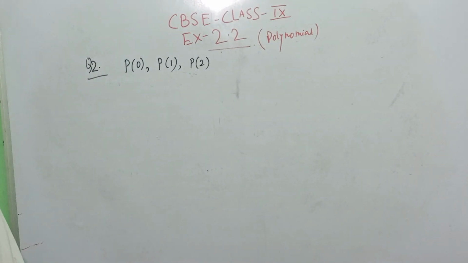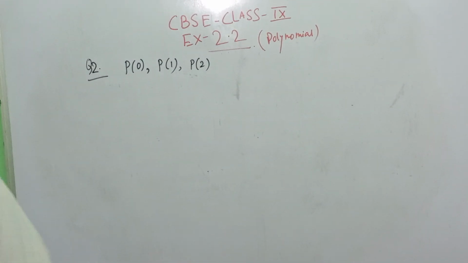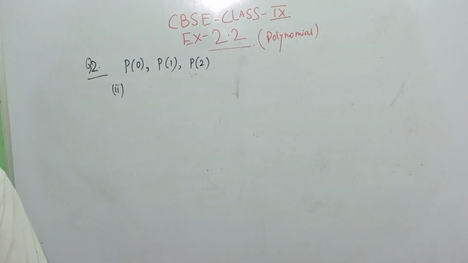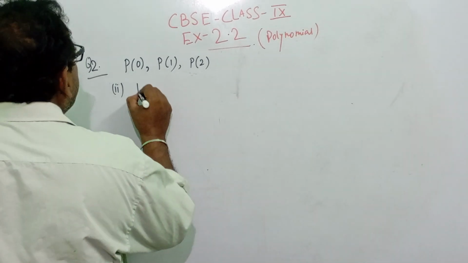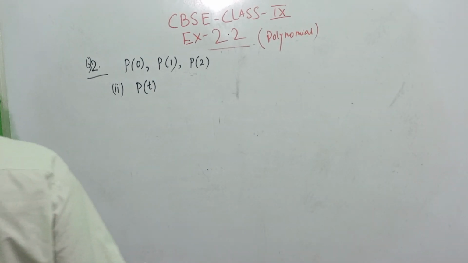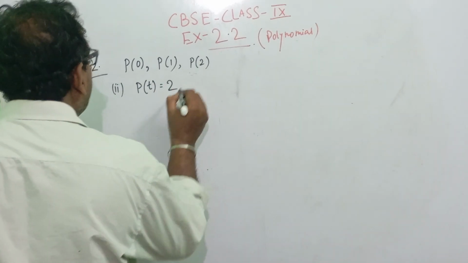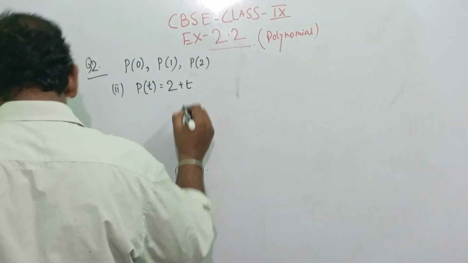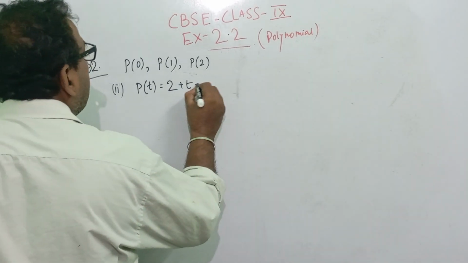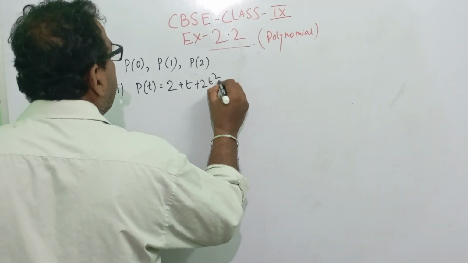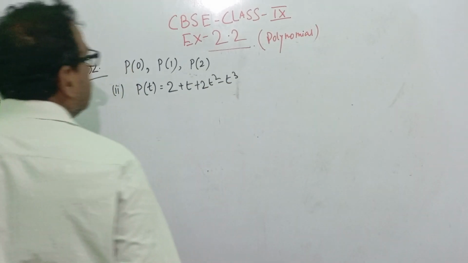I am taking the second question, that is question number 2. p of t is equal to 2 plus t plus 2t square minus t cube.